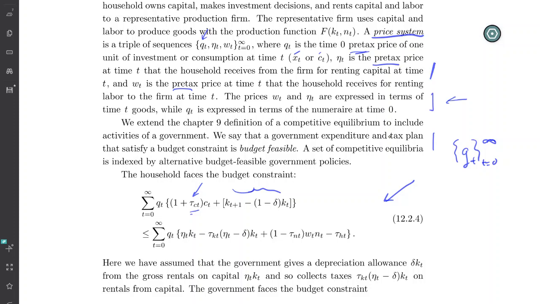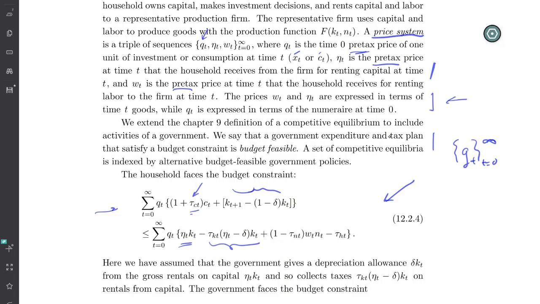And then, the left-hand side of this is the present value of the household's purchases of consumption and investment goods. And the right-hand side is the present value of its rentals from capital minus the tax rate. So you could read about this.